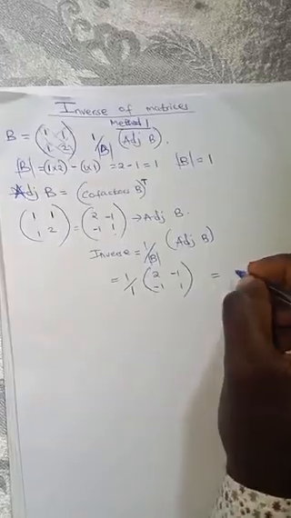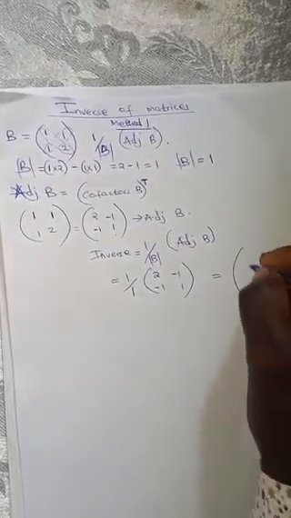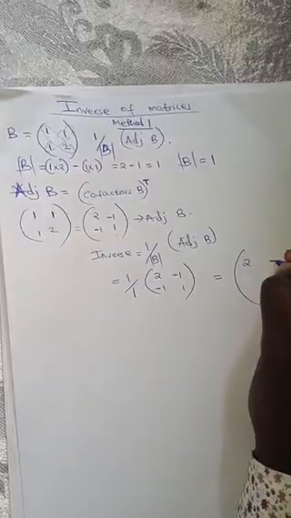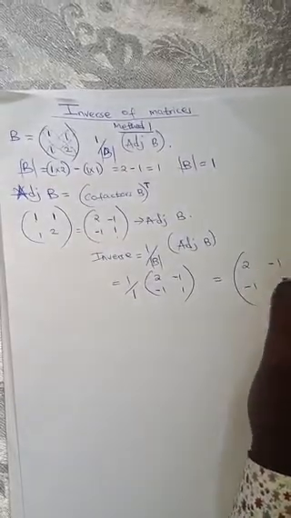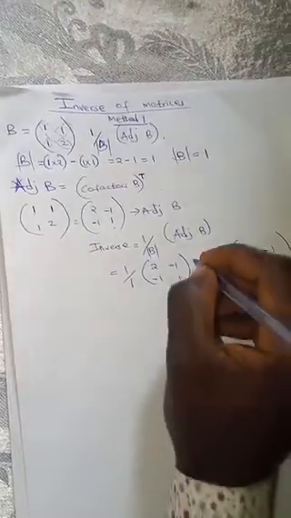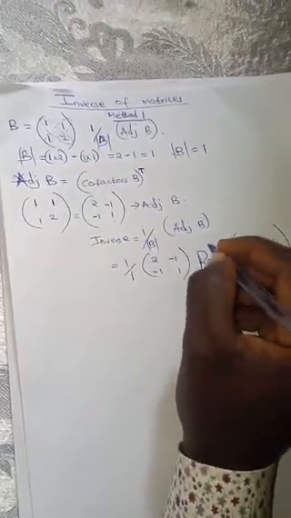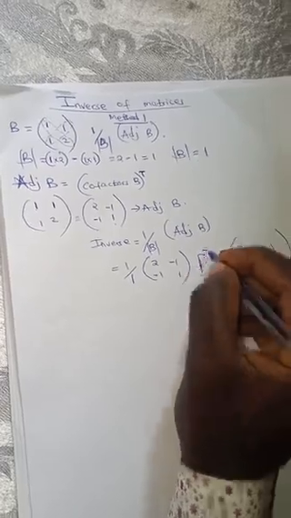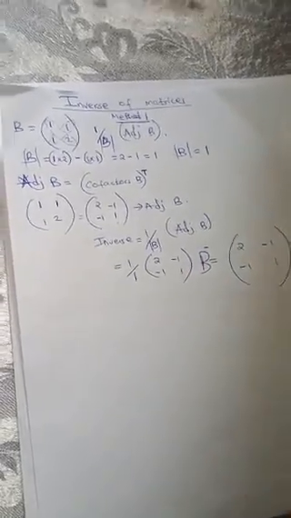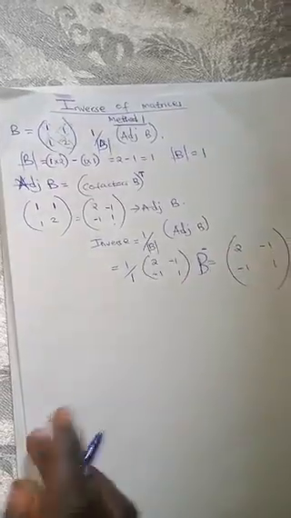The 1 doesn't bring any change there, so we have 2, -1, -1 and 1 to be the inverse. B inverse is denoted with a dash on top of B. This is the inverse of B. That is how to find the inverse of B.